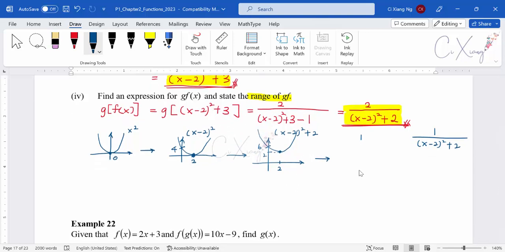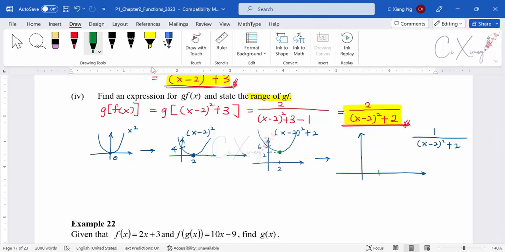Okay, so if I want to sketch this particular diagram, how will it look? For the reciprocal function, we learned a few important details. This is the original graph. If my original graph has a minimum, then in the reciprocal function, it will become a maximum.